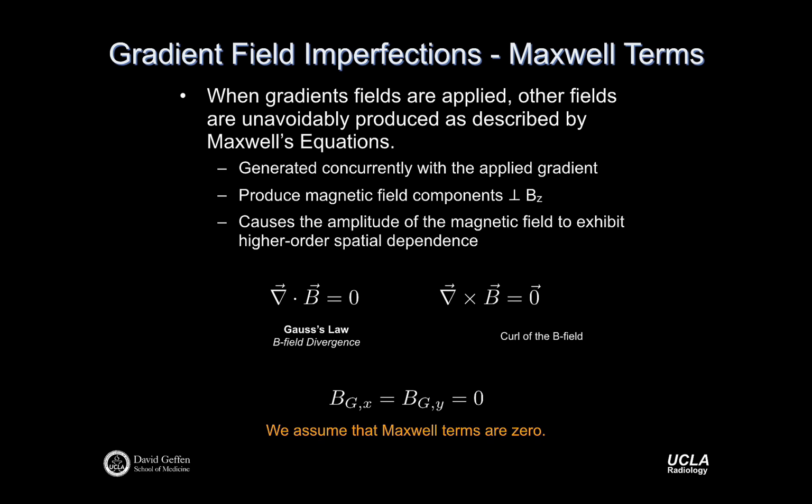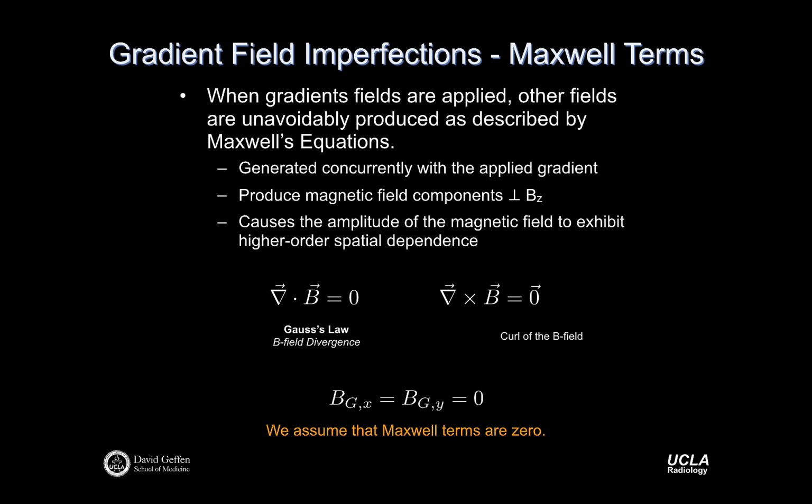The B field has to obey a divergence law and a curl law, and we make the assumption that when we turn on our gradients, any x component and any y component of the field generated is 0. But in fact, these end up being non-zero. And depending on exactly what you're trying to do, they could cause problems. So again, especially for the physicists, something to keep in mind: the details can matter, and in fact, we do make Maxwell field corrections in a lot of what we do.